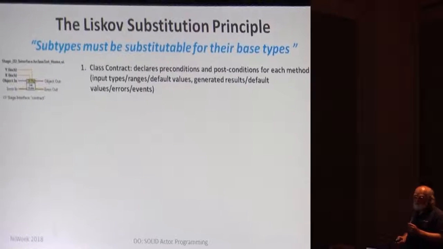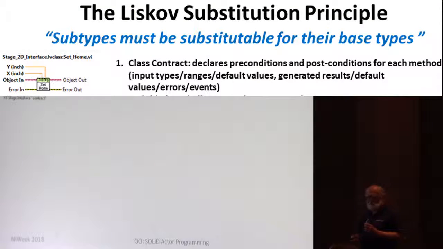The Liskov substitution principle is a pretty obvious one. Because the scanner doesn't know anything about the concrete actors or devices it works with, but it needs to do something, right? There is a contract on each method that says what the input should be, what the method does, and what it creates as an output.